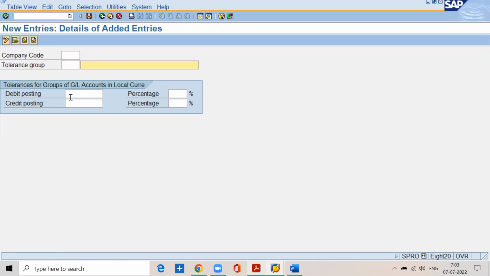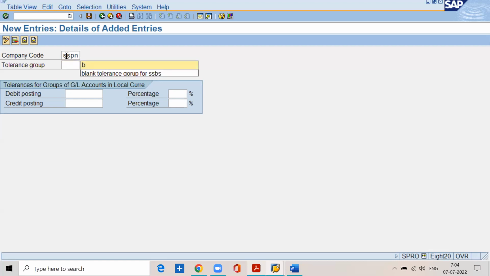Now, write down the material. Company code is equal SSPN. Tolerance group blank. Means don't write anything in the field, keep it blank.